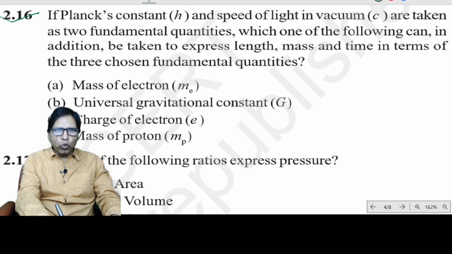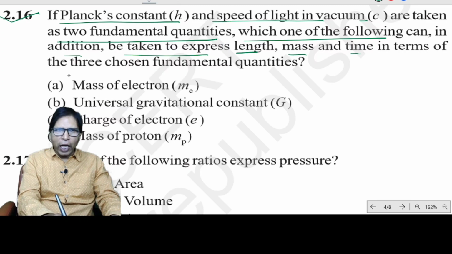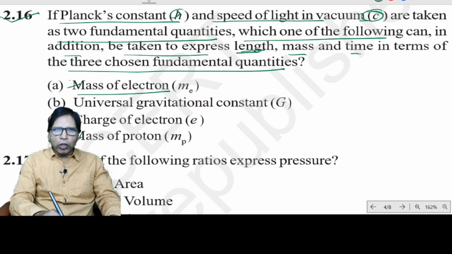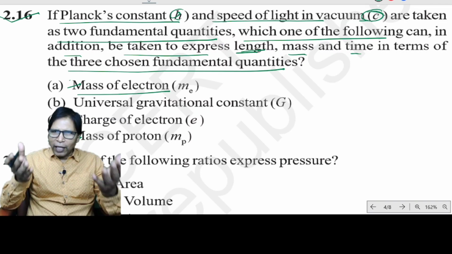Okay. Now question number 2.16. If Planck's constant h, speed of light in vacuum c are taken as two fundamental quantities, which one of the following can in addition be taken to express length, mass and time in terms of three chosen fundamental quantities? Look at this, mass of electron. Yes, mass of electron can be taken to express length with the help of h, c and mass. Mass of proton, yes, mass of proton and h and c can be used to express mass.